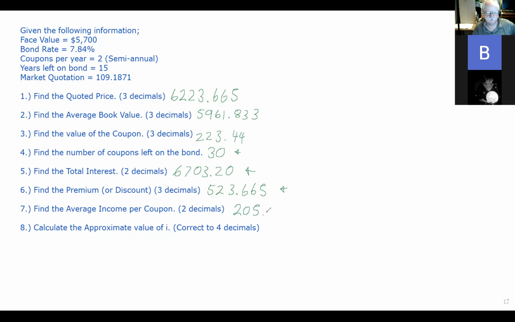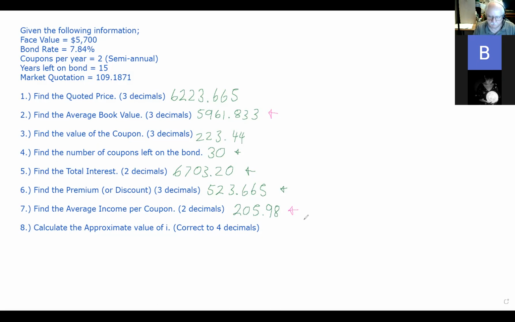$205.985. In this case, yeah, just 9.8, because they said go to 2 decimals. Okay, sir. Yes. So find the approximate value of I, take the average income per coupon, which was this that we just found, and divide that by the average book value, which was way up here.